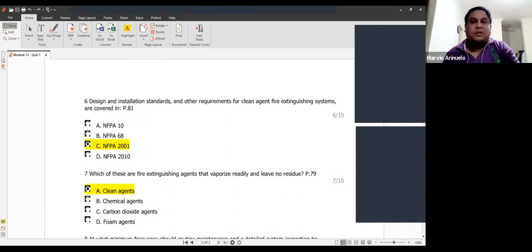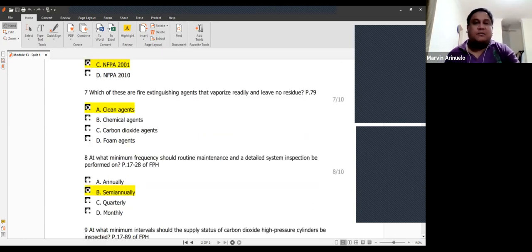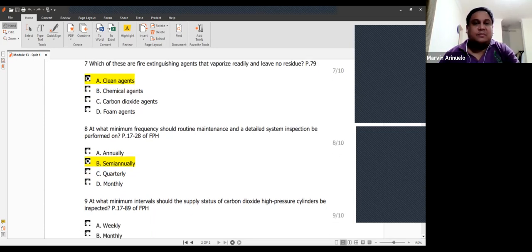Design and installation and other requirements for clean agent fire extinguishing systems are covered in NFPA 2001, which is clean agent suppression system. Which of these fire extinguishing agents vaporize readily and leave no residue? Clean agent.